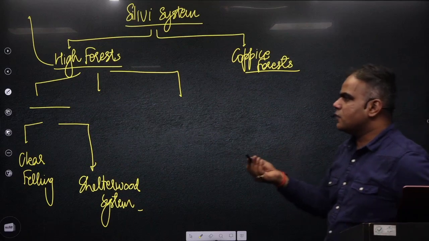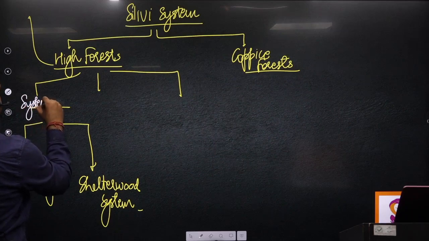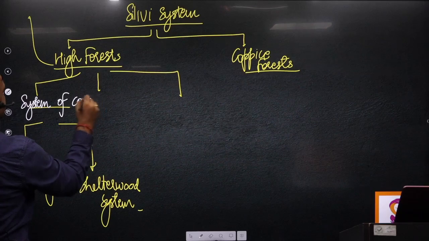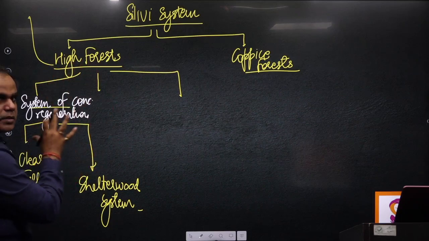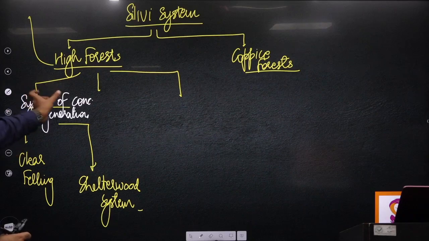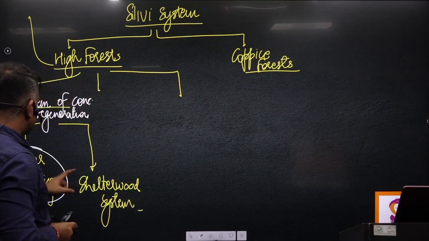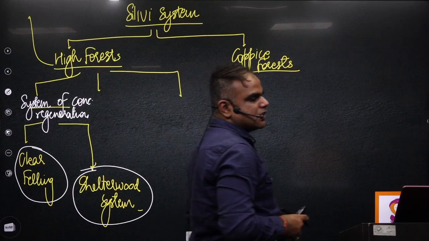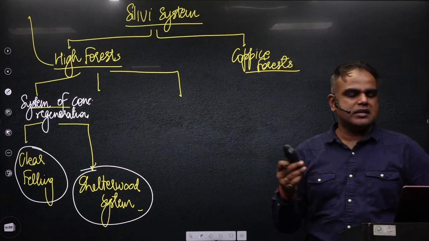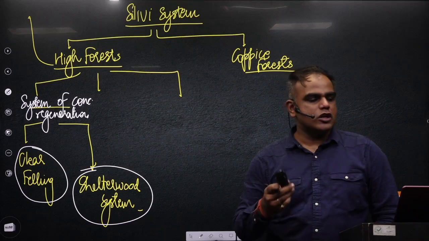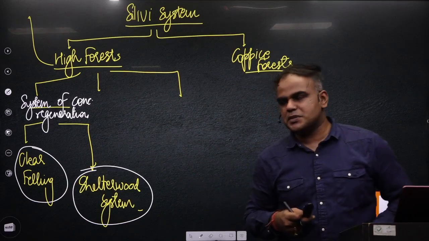If you have seen the basic diagram here, this is a system of concentrated regeneration. The question itself says that it talks about how they are segregated in terms of regeneration. In terms of the system of concentrated regeneration, you have clear felling and the shelterwood systems. Clear felling is also divided into three more systems: the clear felling system, the clear strip system where you have some alternate strips, and the alternate strip system.